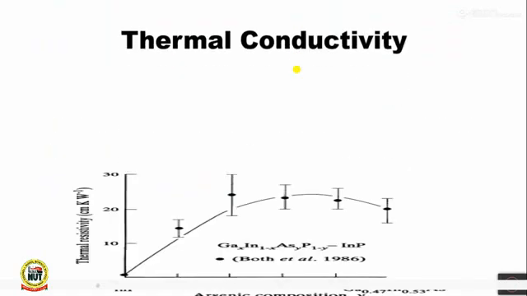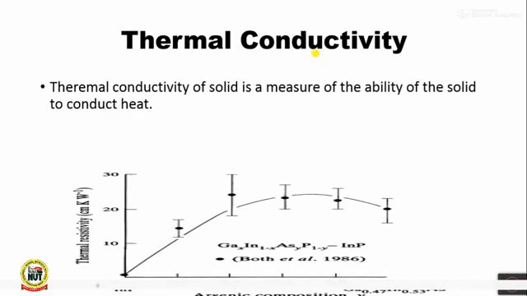Thermal conductivity. The word thermal conductivity, thermal, is gotten from the word heat. Thermal and heat are synonymous. So when we say thermal conductivity, we are talking about the ability of a solid material, or measure of the material, to conduct heat.